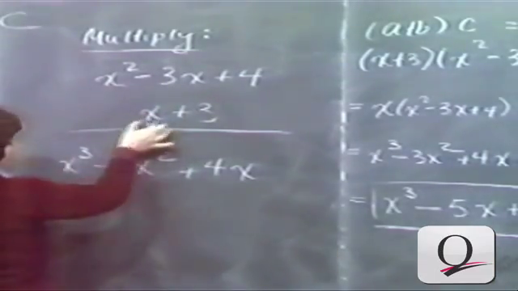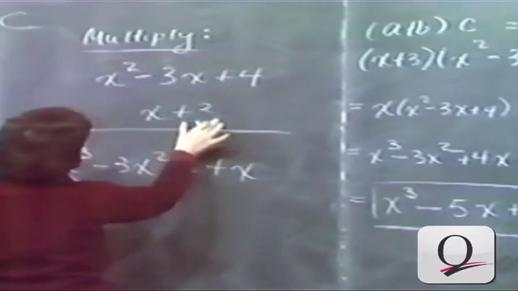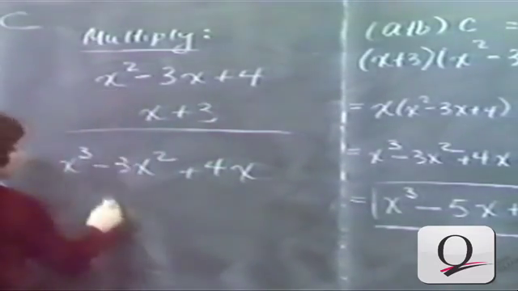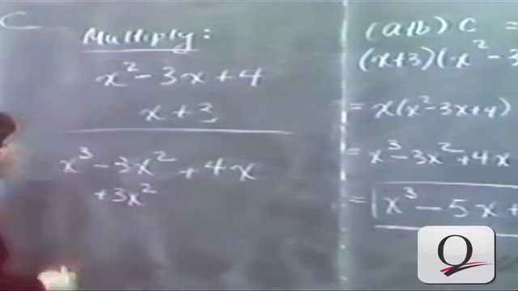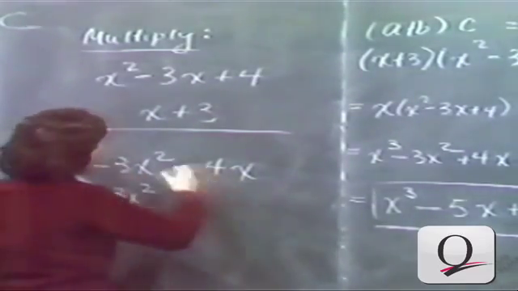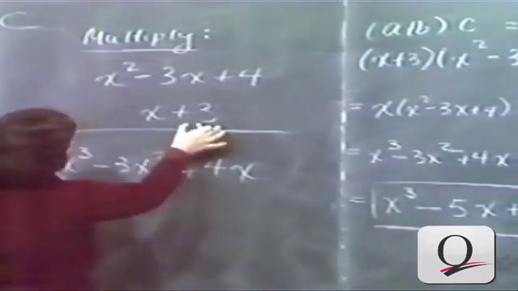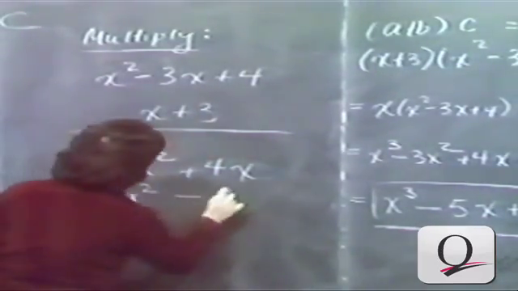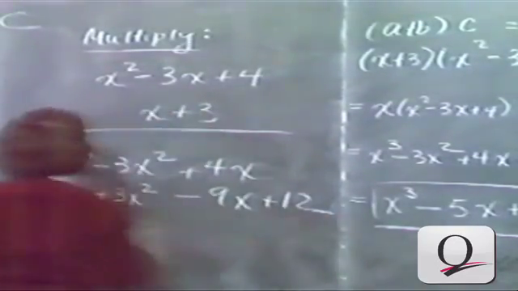Then, having distributed the x through the polynomial over there, we will now work on the 3. Plus 3 times x squared gives you plus 3x squared. And when you're writing down the second line here, you do it in such a way that the like terms fall underneath each other. 3 times minus 3x gives you minus 9x. 3 times 4 gives you 12.